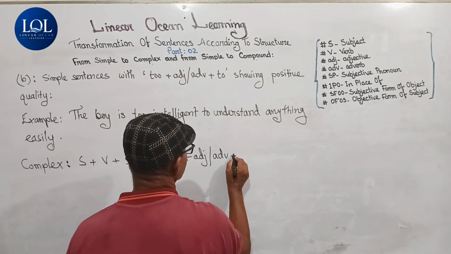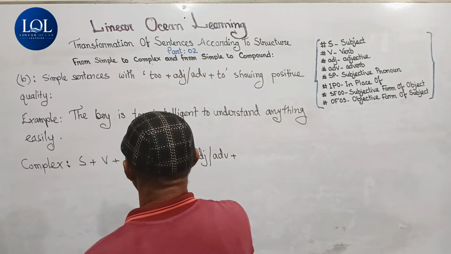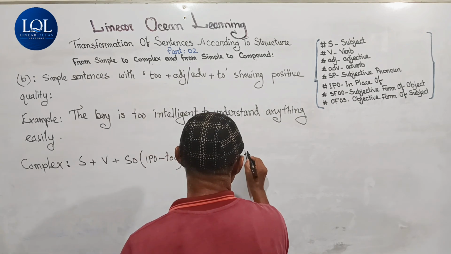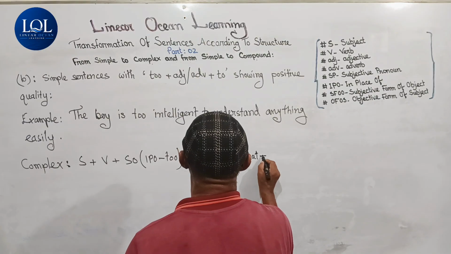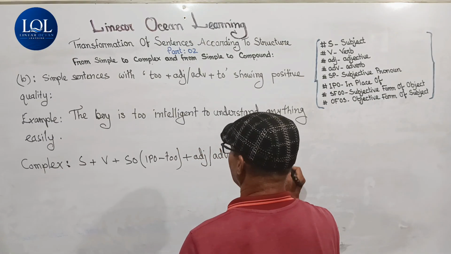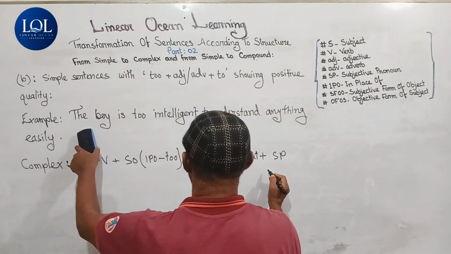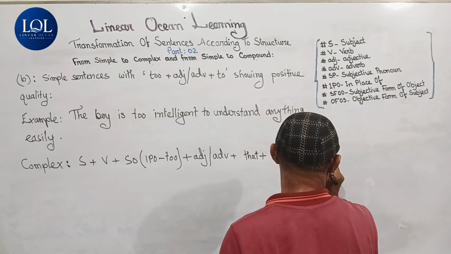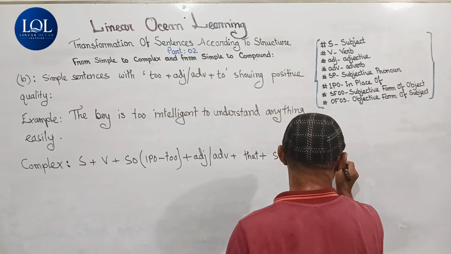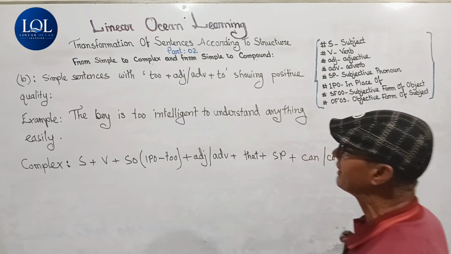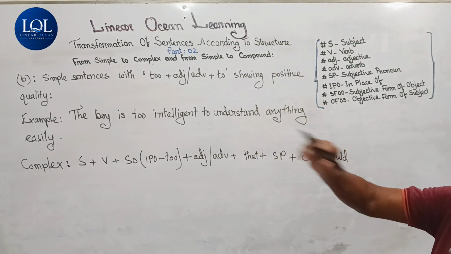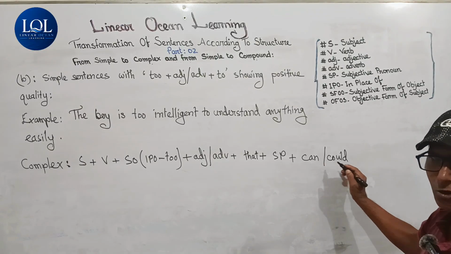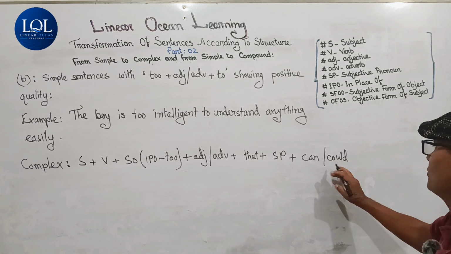The boy is so intelligent that subjective pronoun, here instead of the boy will be he, can or could. Viewers, in case of negative quality, we brought in "cannot" or "could not", but here it will be "can" or "could".